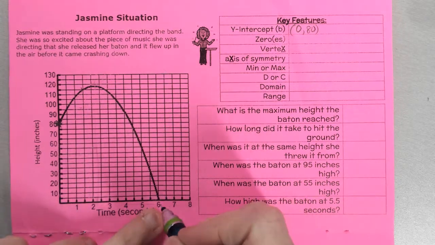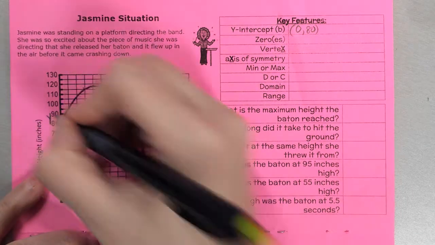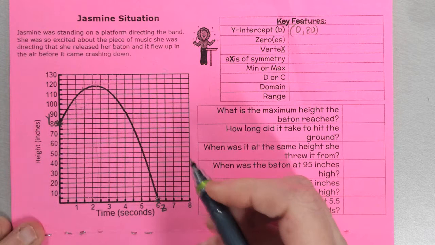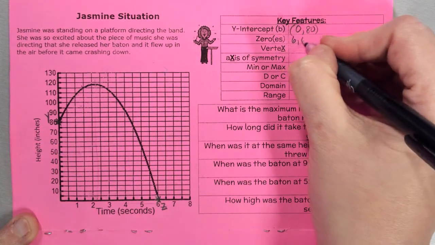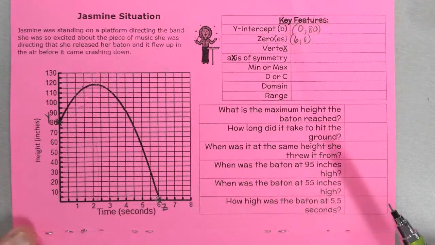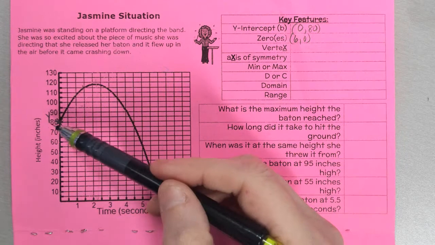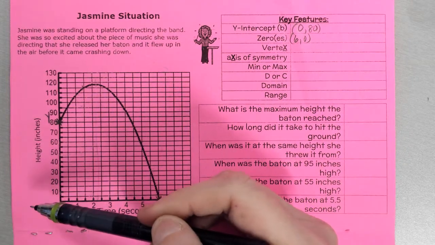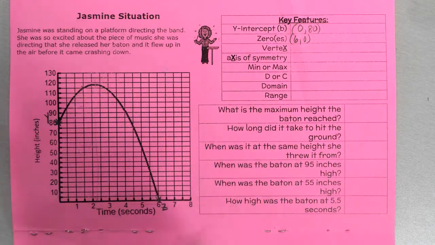Well, I only see this one right here. That's my zero. So my zero here is (6, 0). Is there another zero? Well, if I had an equation, there would be. But this situation doesn't allow for one. We'll talk about that once we talk about what the features are. Then we'll talk about what they mean in the real world.